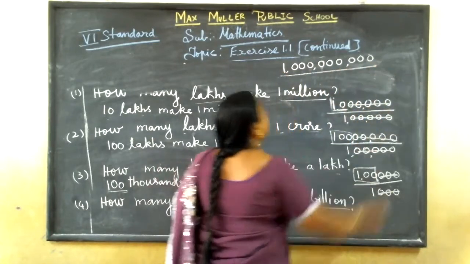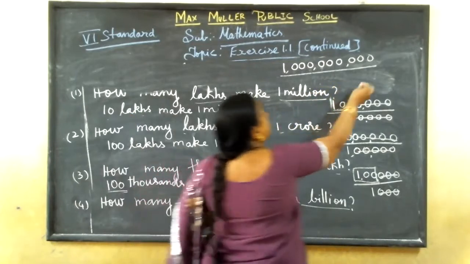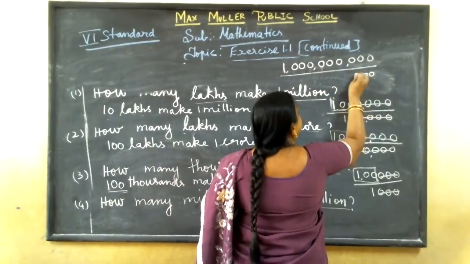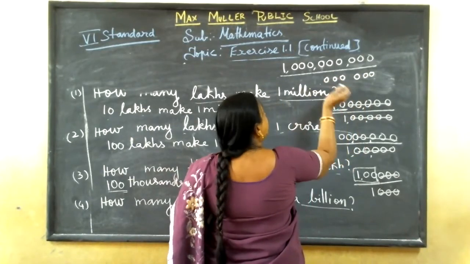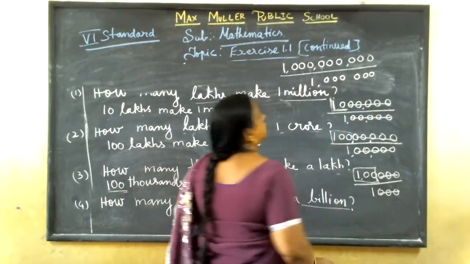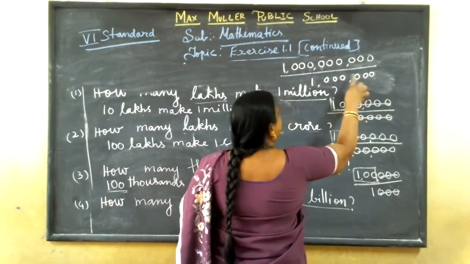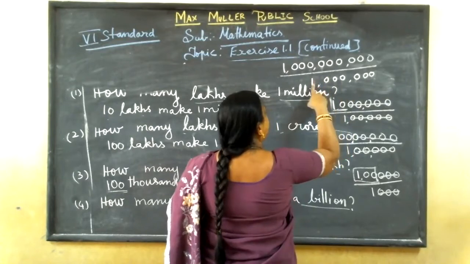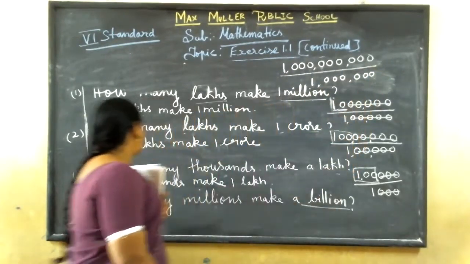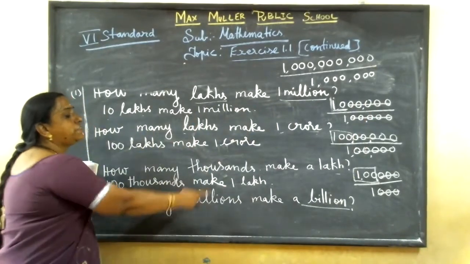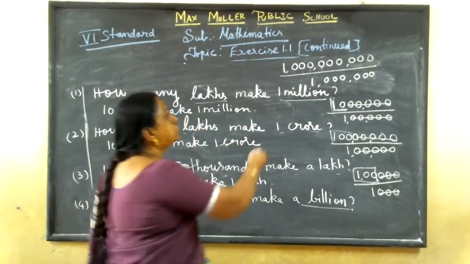So 1 billion equal to how many million you should find. So million, how many zeros for million? Ones, tens, 100, 1,000, 10,000, 100,000. Then what will come? Million. Got it? So here we wrote 1 billion. Here 1 million. What is the question? How many millions makes 1 billion? So how many millions are there in 1 billion? We should check.